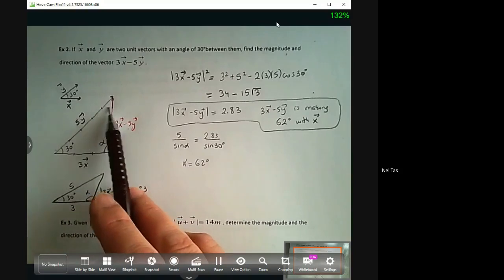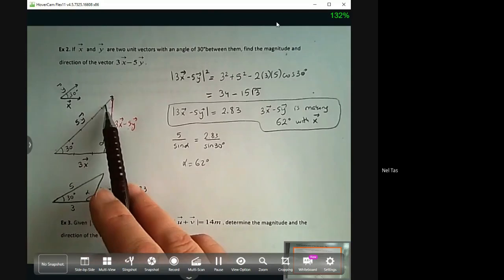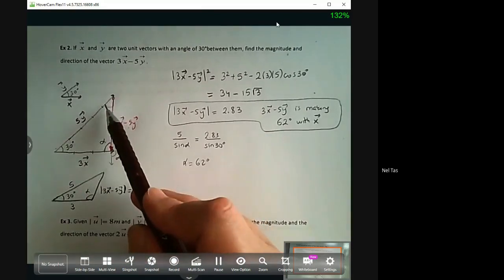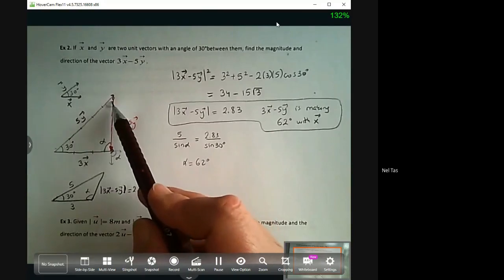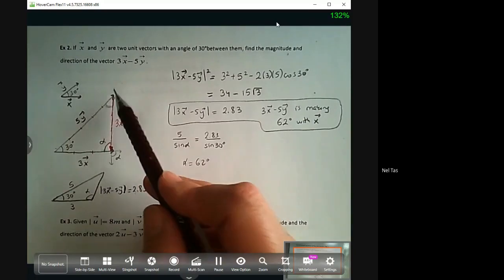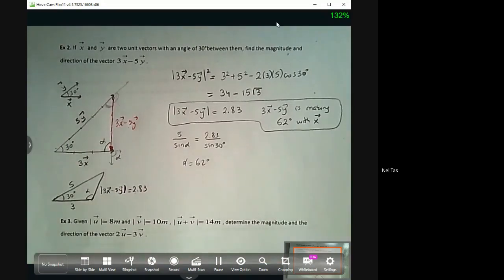Then you could calculate this angle, again 180 minus 30 minus alpha would give you that angle. But if you find this angle, pay attention: 5y and 3x minus 5y are head to tail here. Then to give the angle when they're tail to tail, you need to do 180 minus this angle. But one is enough.